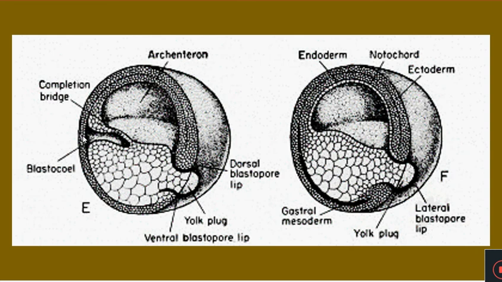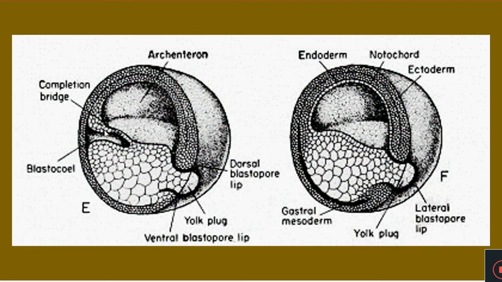And now this blastocele gets reduced to a slit between the endoderm and the yolk-laden cells. So it is only a small slit now, and there is a layer of cells which will separate the Archenteron from the blastocele, and this layer of cells which separates the blastocele from the Archenteron is called as the bridging layer.